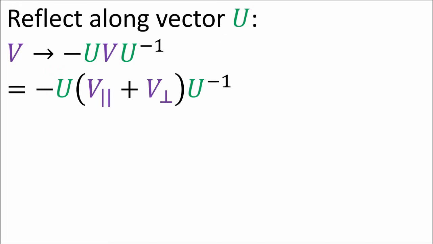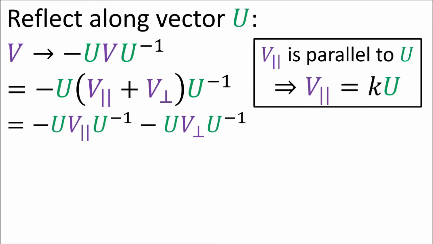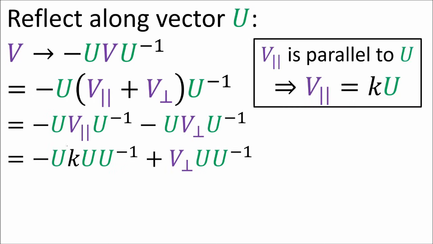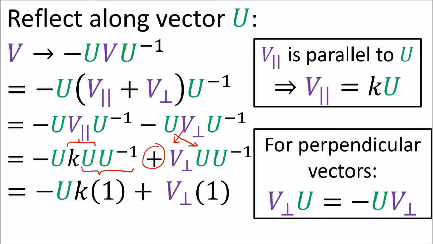We break v into portions parallel to u and perpendicular to u, then distribute. The parallel portion of v can be written as a scaled version of u using a scale factor k, and the perpendicular part of v will anti-commute with u, so we can swap their order and change the sign. u and u inverse combine to 1 here and here, and we can rewrite k times u as the parallel portion of v.